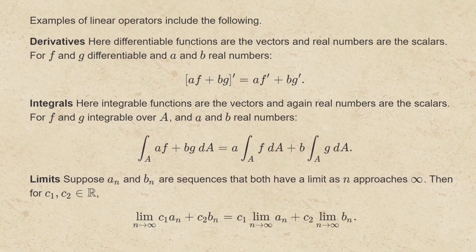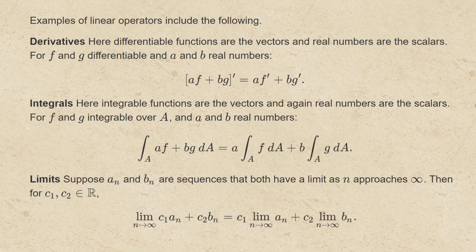Now, you've seen linear operators before. For example, derivatives. Here, differentiable functions are the vectors and real numbers are the scalars. For f and g differentiable and a and b real numbers, the derivative of a times f plus b times g is a times the derivative of f plus b times the derivative of g.